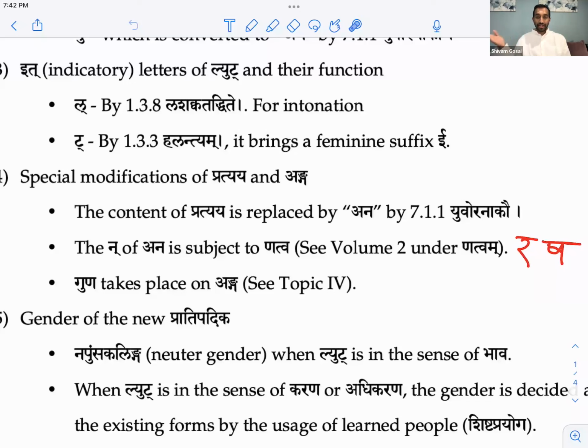Lyut can be in bhave, in karane, in adhikarane, but the meaning can really be in any sense, any karaka. The content of lyut is ana. Sometimes the nakara will become more danya if there's a ra or sha before. And guna can take place on the anga, as we will see in a moment.